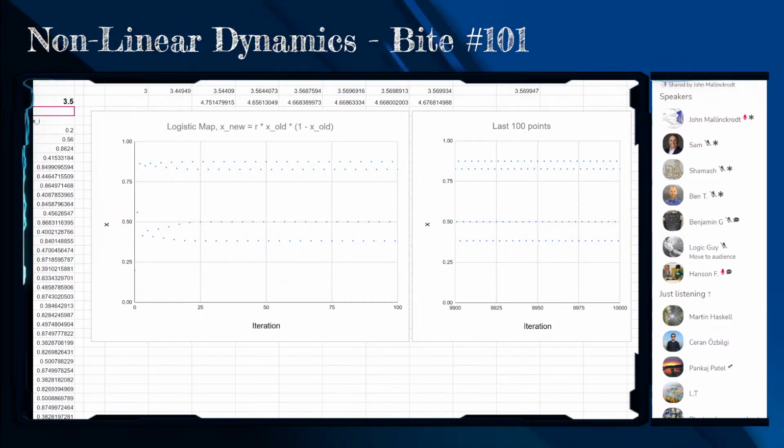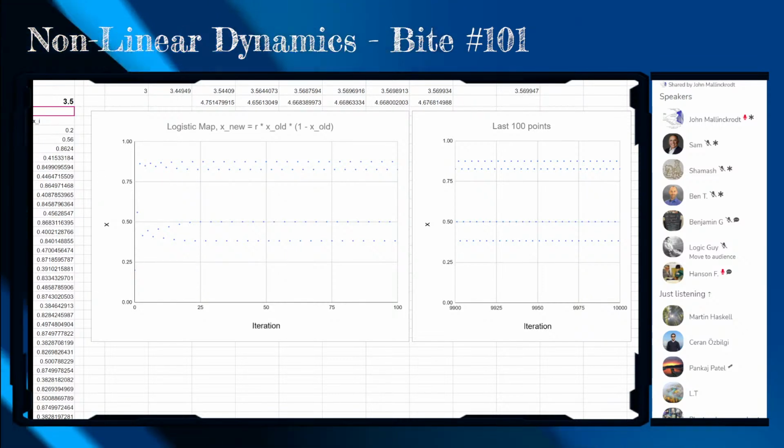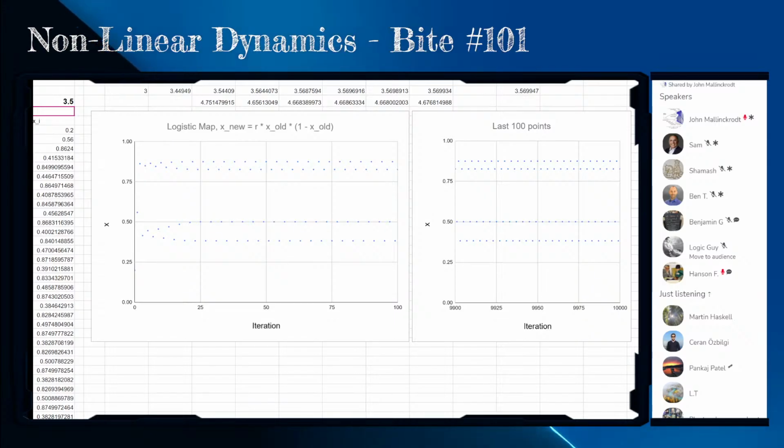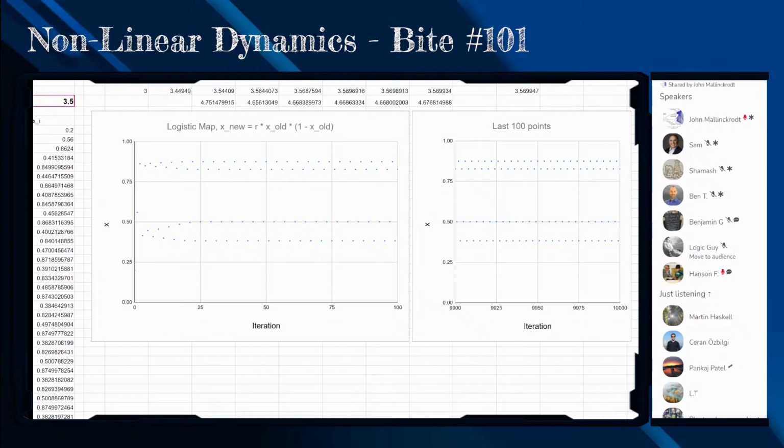3.44949 is the place where the period 2 becomes period 4. And 3.54409 is the place where period 4 becomes period 8. Let's see what happens if I put in 3.55.